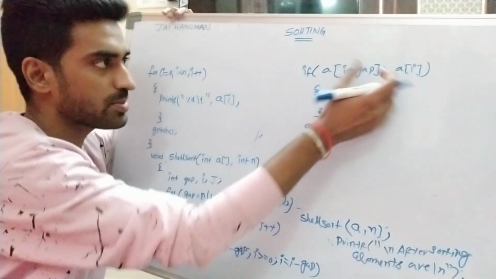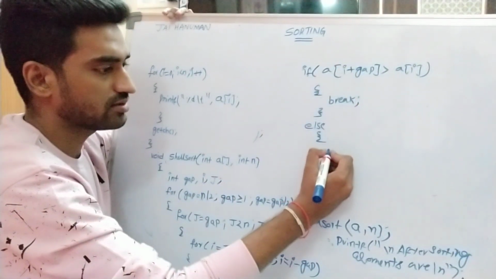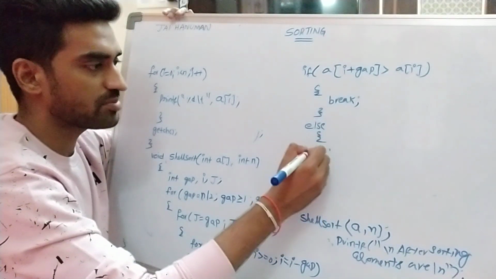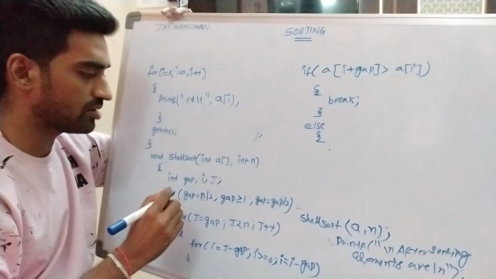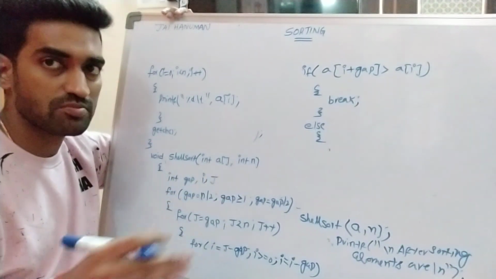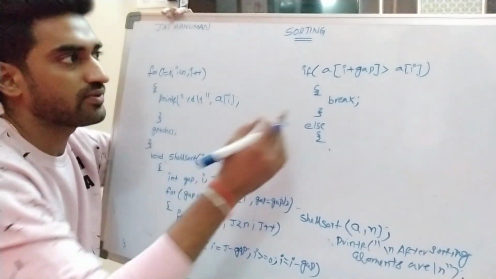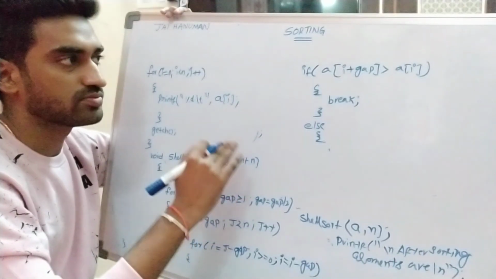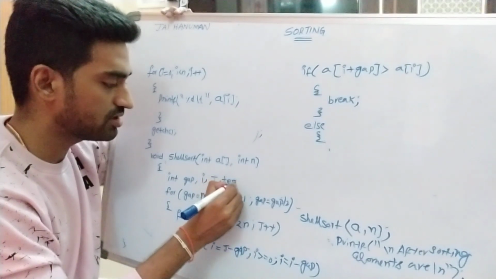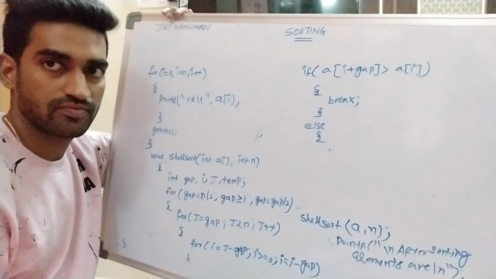In the else part, we are swapping these two elements. For swapping purposes, we take one more variable, that is the temp variable. What is the general procedure? Temp is equal to a of i, a of i is equal to temp. For that purpose I am taking one more variable, that is temp.